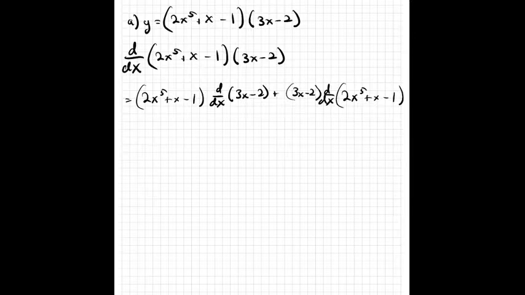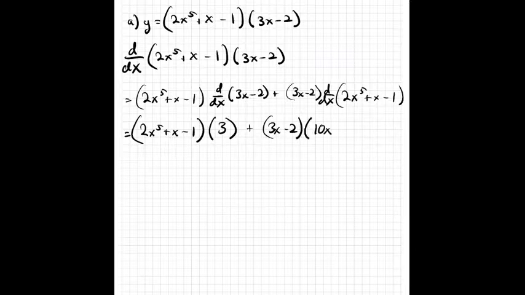So then if we just don't expand it all the way out like they did, we'll get the following. 2x to the fifth plus x minus 1. That's going to become, what is 3? And then 3x minus 2 times, that's going to become 10x to the 4 plus 1.